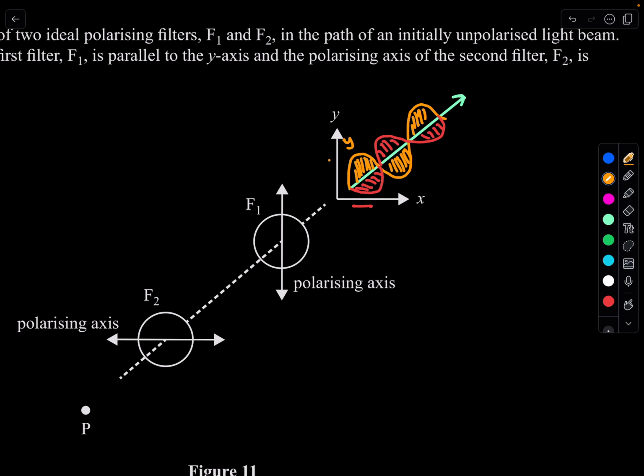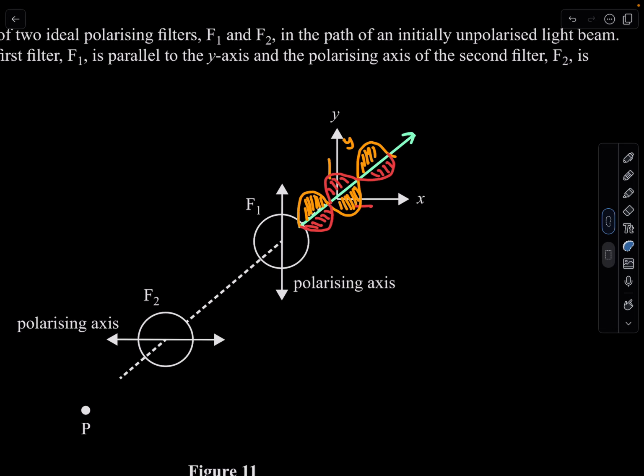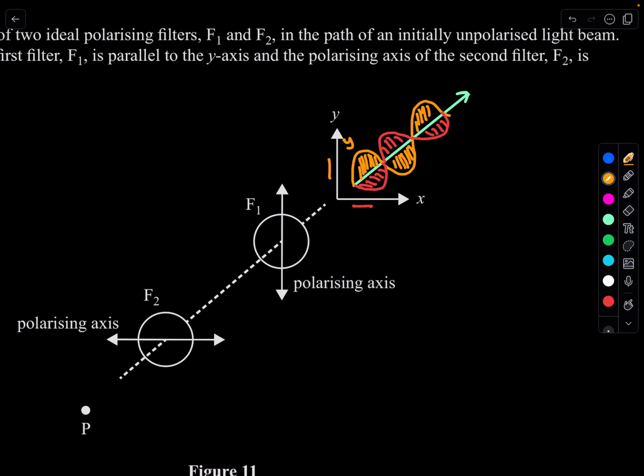What's going to happen is this wave is going to pass through and then hit this polarizing filter. The polarizing filter is going to block all the other light. It will only allow the one that's parallel to the y-axis, so only the orange, because that's the electromagnetic light that's parallel to the y-axis.